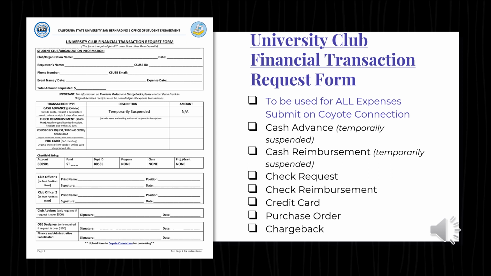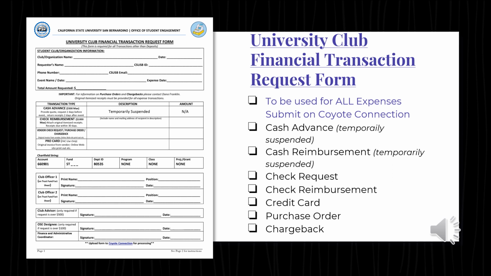Office of Student Engagement recognizes your president, vice president, and treasurer as the financially responsible officers for your organization. These are the individuals that will most often process transactions for your student org. The transaction form may at times be completed by members that are not defined as financially responsible.